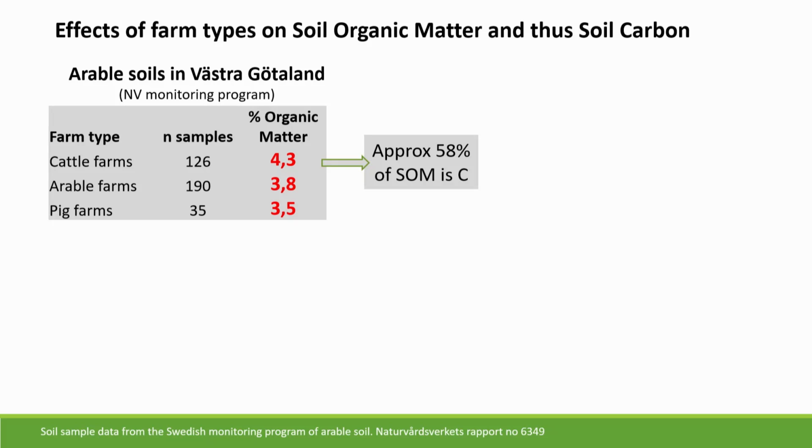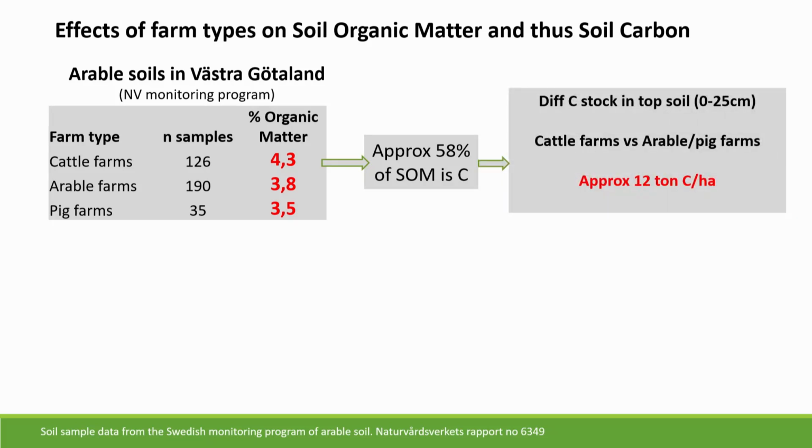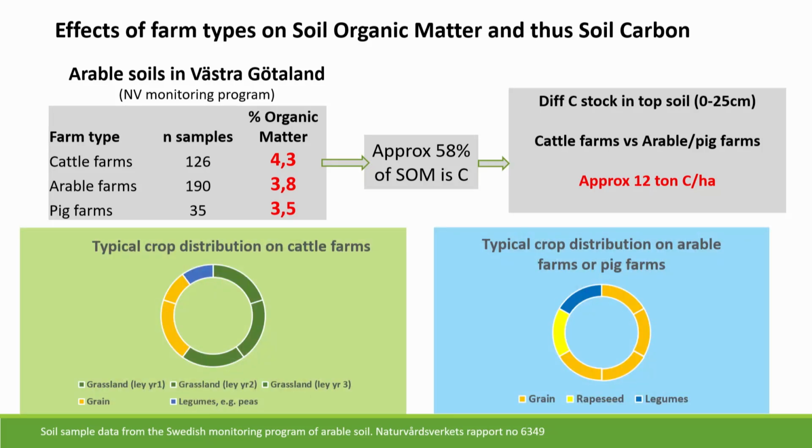And this is generally all over. We have about 0.5 percentage units higher organic matter when we are on a cattle farm. And the difference between these farm directions, if we calculate that from topsoil, is around 12 ton carbon per hectare in the carbon stock, which is due to the different farm directions.